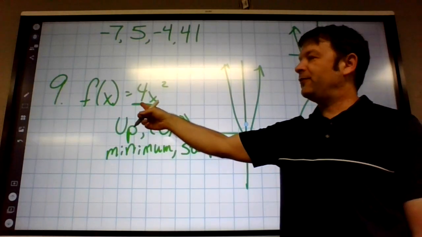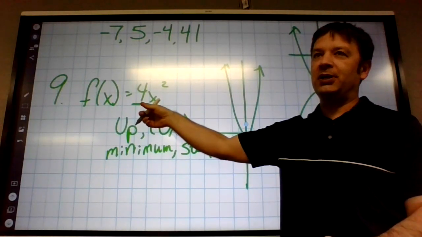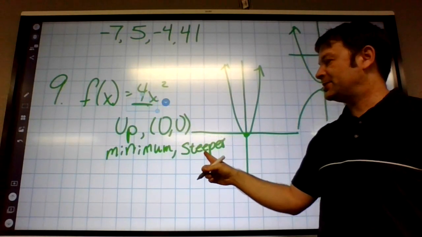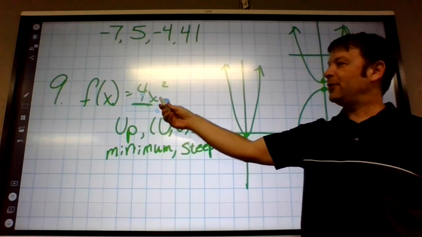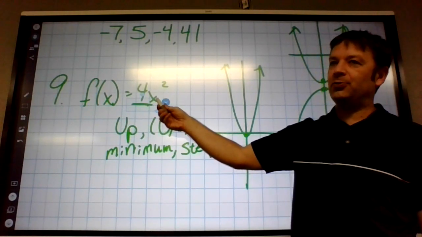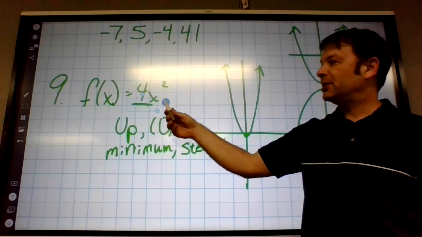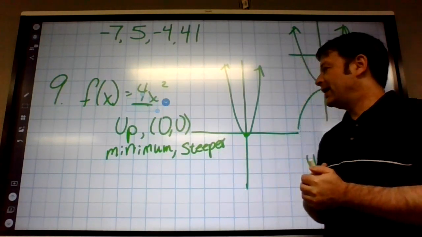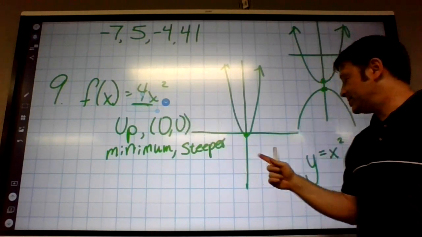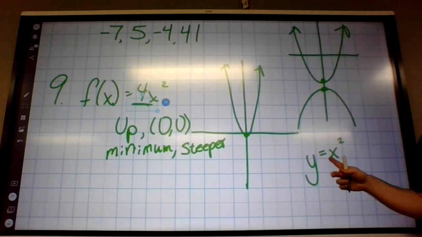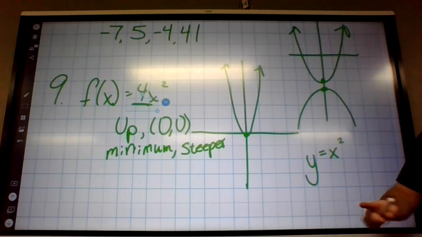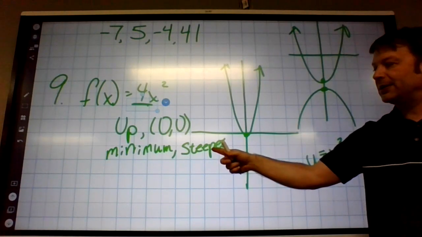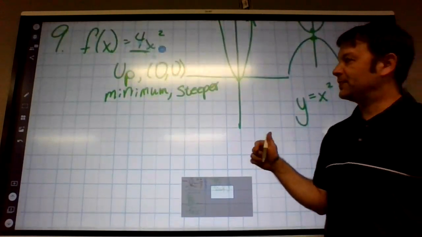If the number in front of x squared is bigger than 1, it's going to go up fast and it'll be steep. If the number in front of x squared is less than 1, like a fraction, it'll go up slow and we'll call that flatter. And if the number in front of x squared is just a 1, which means it won't show up, it'll be the same as normal. So those are the 3 options: steeper, flatter, or same.